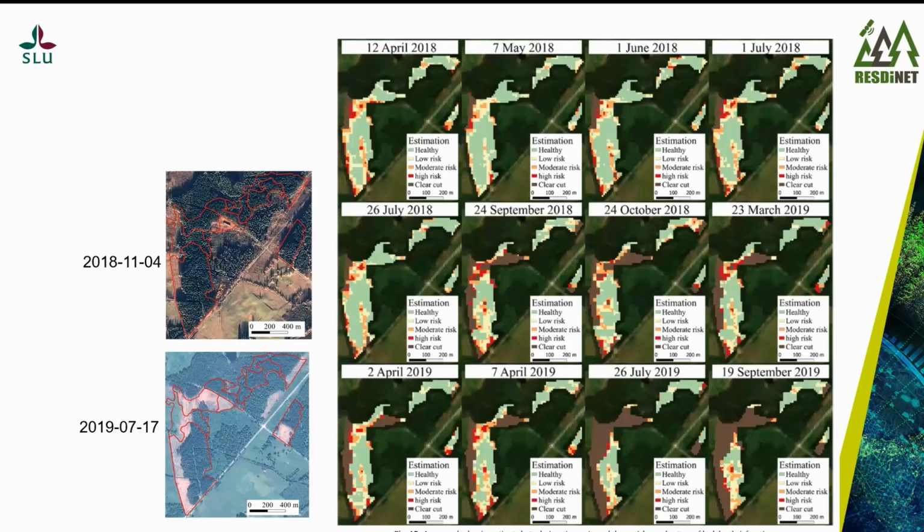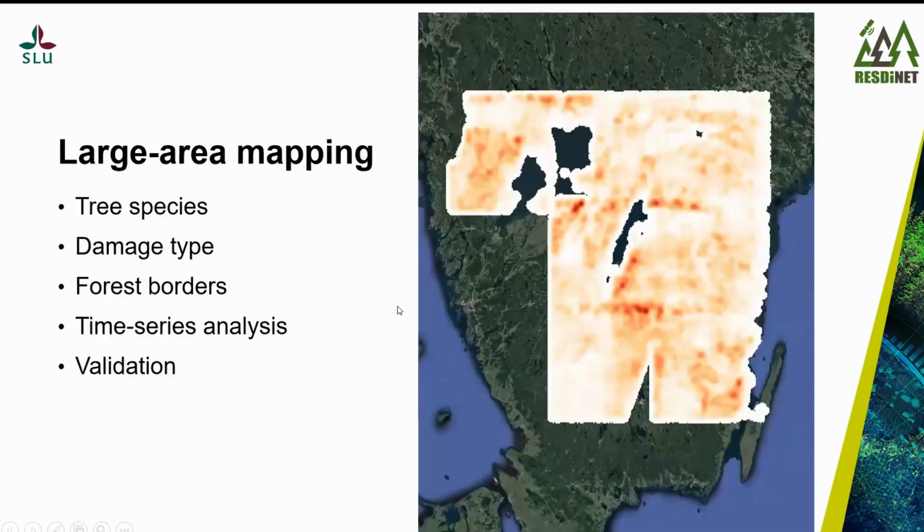And using this index, we achieve mapping, and this is an example of mapping one area in our test set. We created a map with different times of the satellite images, to show how the infestation spreads both from the forest border and also the inner side, and gradually spreads to the surrounding trees.